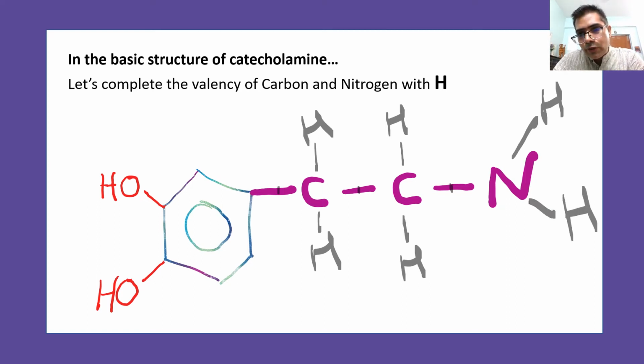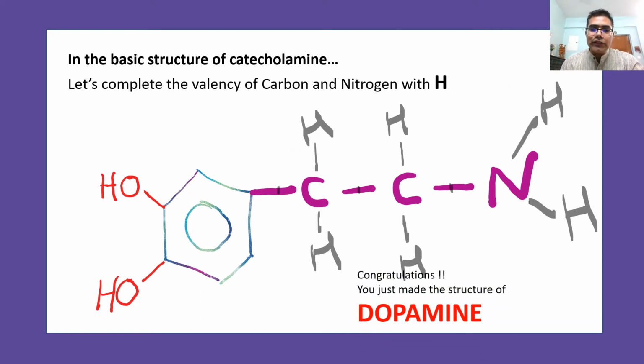So nitrogen also got the 3 valency. In the catechol nucleus, we have just completed the valency of the side chain carbon, carbon, nitrogen with hydrogens. Congratulations, you have just made the structure of dopamine. This is the structure of dopamine. Isn't it easy?